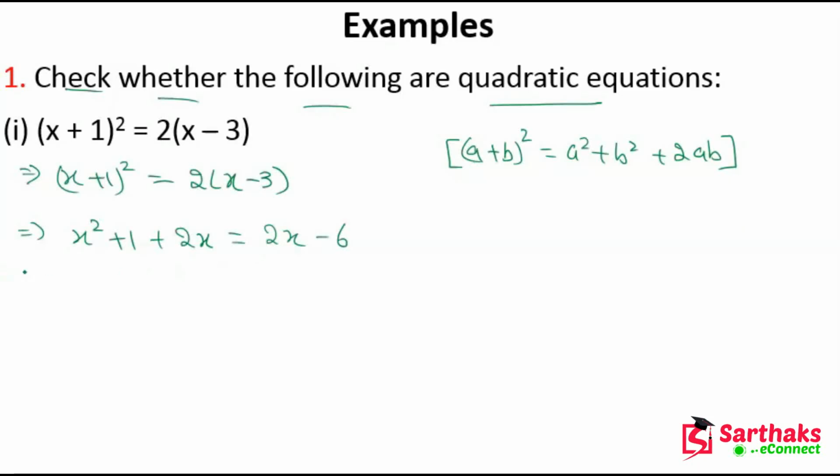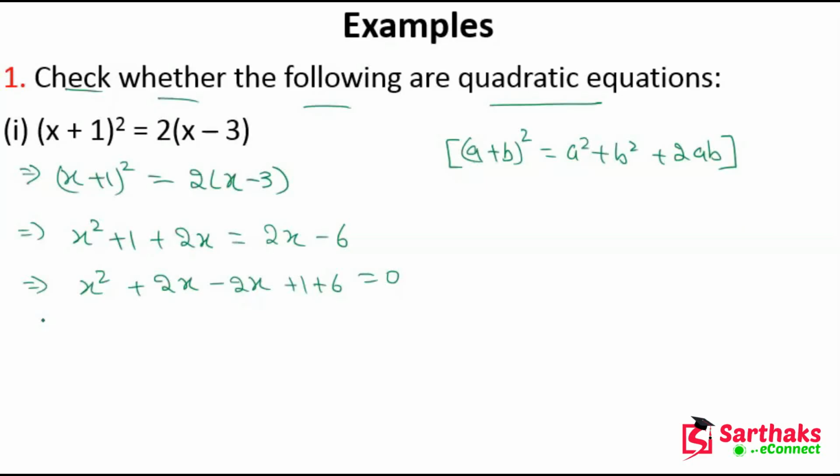So now this will become x square plus 2x minus 2x, because if we shift this 2x to the LHS, then it will become negative. And we have plus 1, and if this minus 6 is shifted to the LHS, then we get plus 6, which is equal to 0.